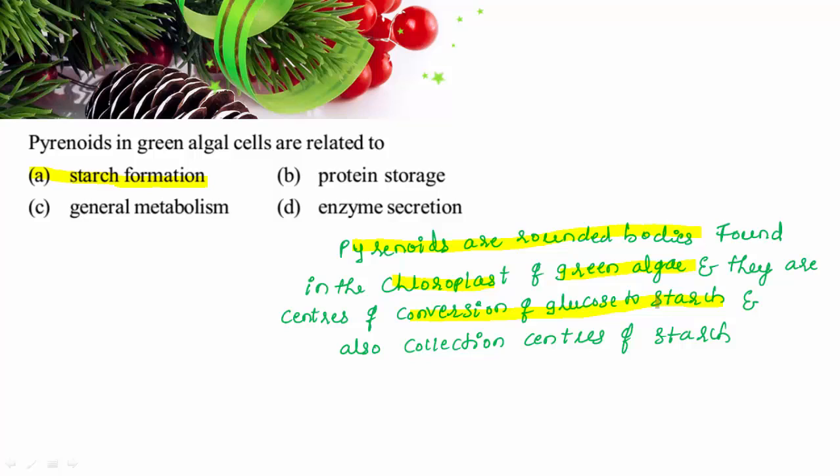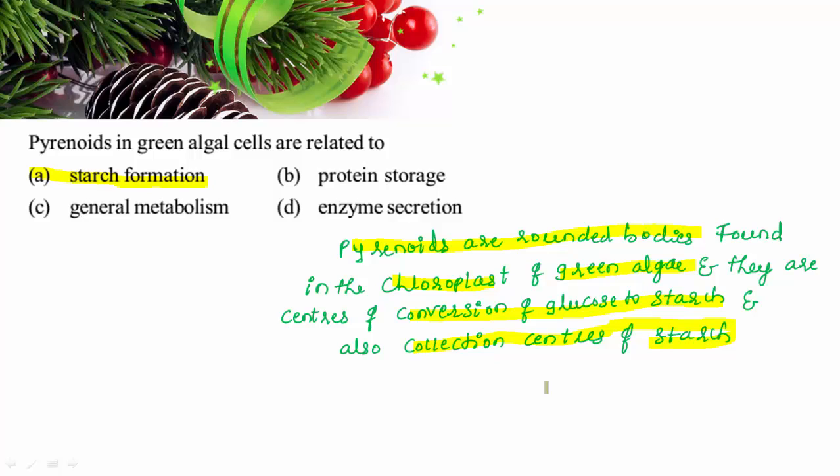Glucose is a monosaccharide. The starch is produced within the pyrenoids. Apart from that, the pyrenoids are also the collection centers of starch. The formation of starch as well as the storage of the starch, both of them occur in the pyrenoid.